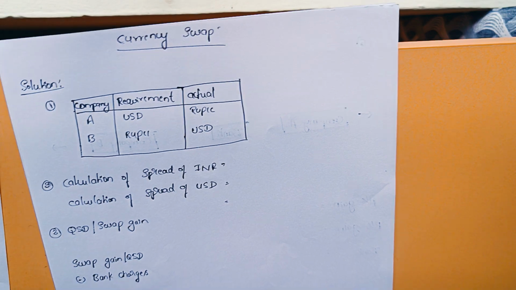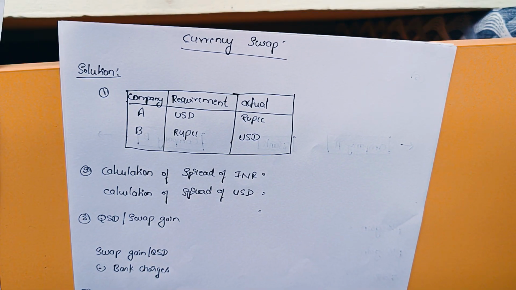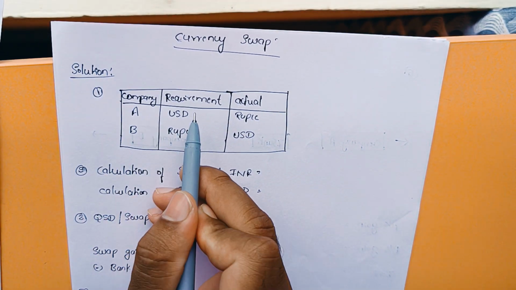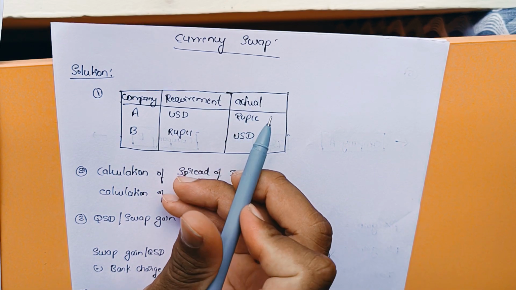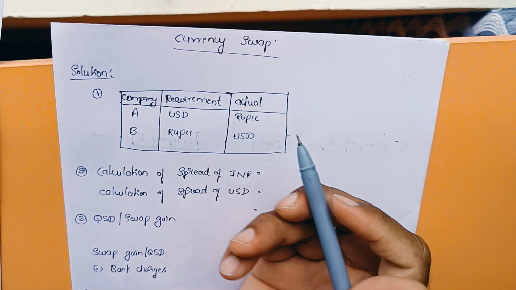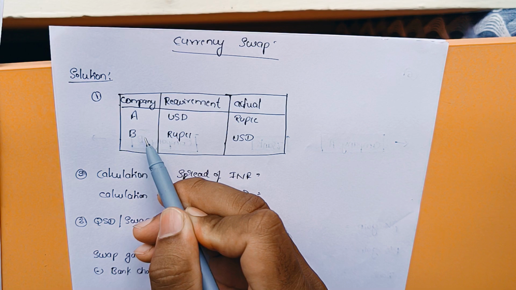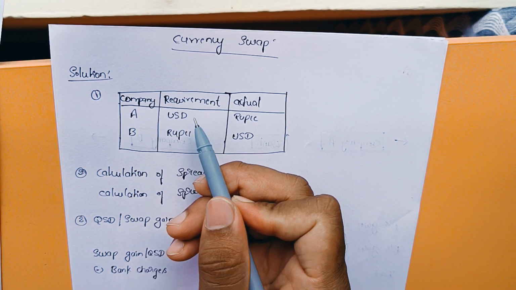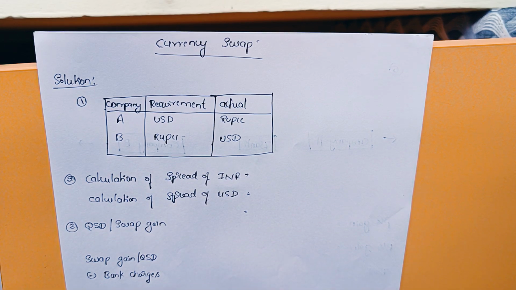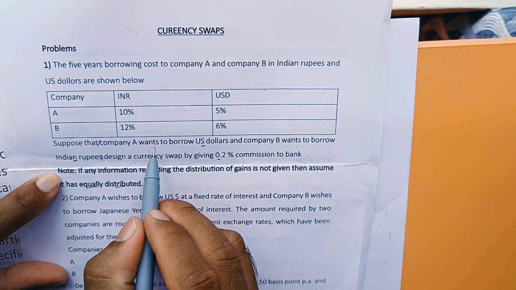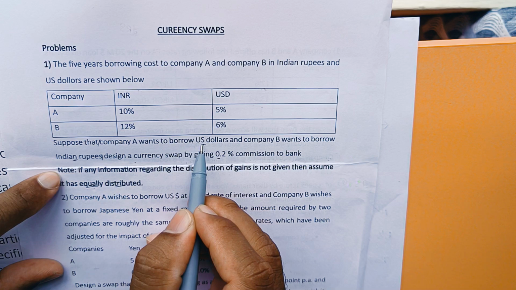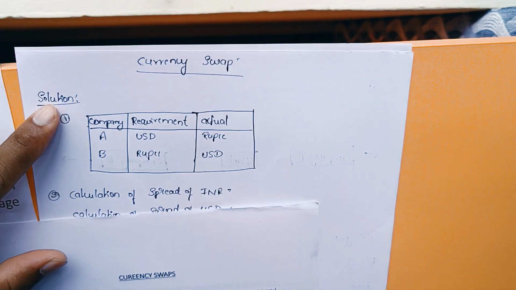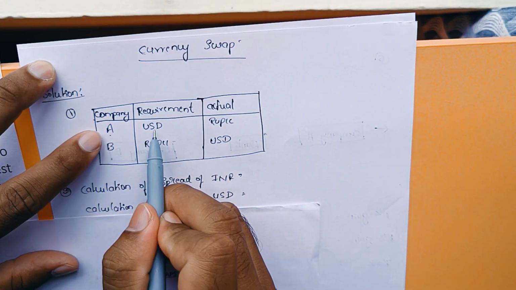Write the solution here. Write company requirement, what actually they got. Write company A and company B. Requirement is nothing but what they wanted. Company A wants to borrow US dollars. Right? In the requirement column, company A wanted US dollars.